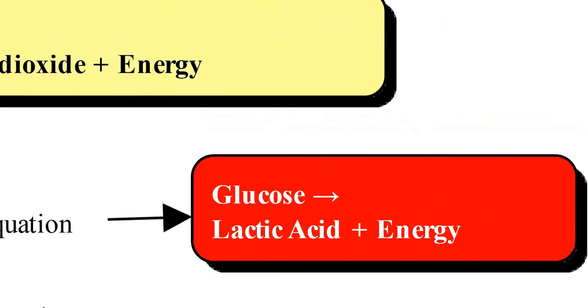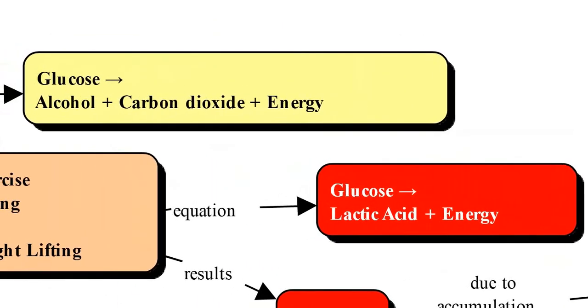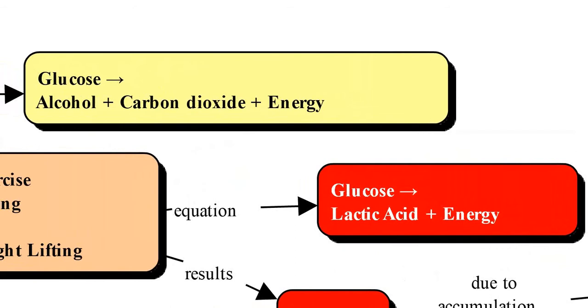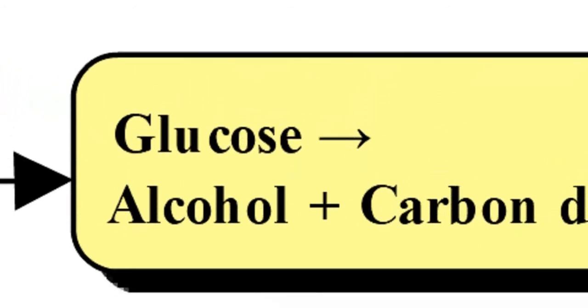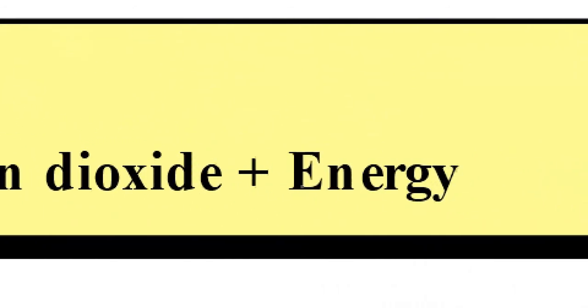When you look at the products produced by anaerobic respiration by yeast and muscle cells: in yeast, glucose breaks down into alcohol, carbon dioxide and energy.